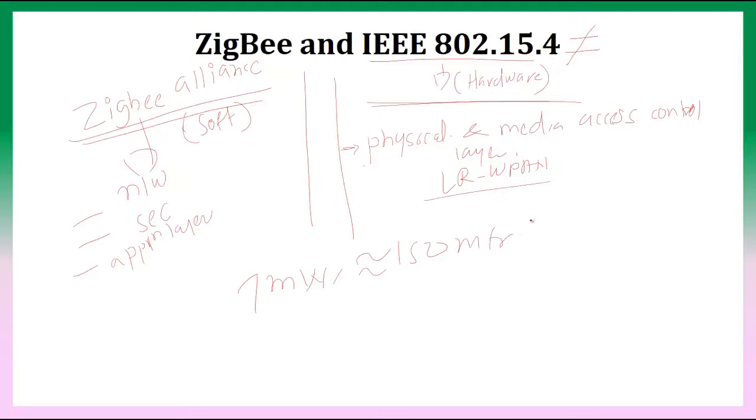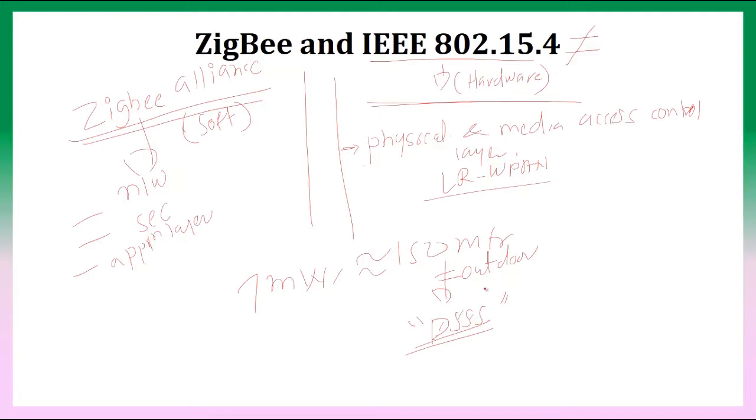It's not indoor but outdoor, and it is achieved by a technique called DSSS. What is this technique? DSSS is a spreading technique known as direct sequence spread spectrum.